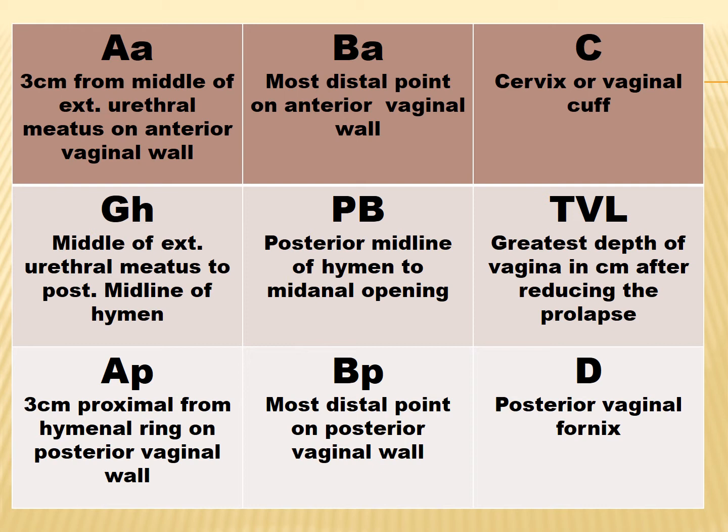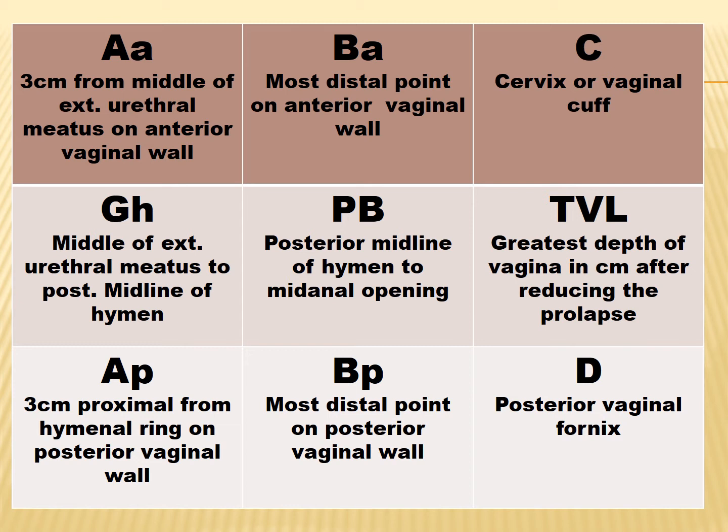So the next point is BA. That means point B on anterior vaginal wall. Right. So how are you going to mark point BA? This is the most distal point on the anterior vaginal wall or most dependent point on the anterior vaginal wall. That's it. Right. And point C is, as we all know, the cervix or the vaginal cuff. Right.